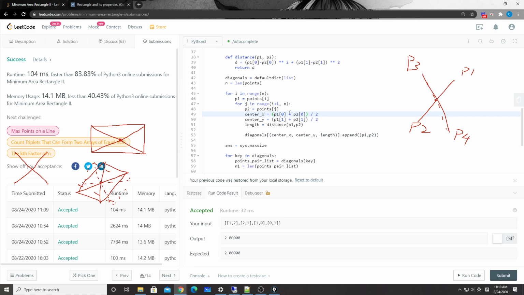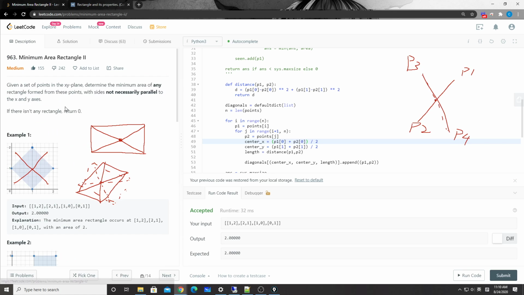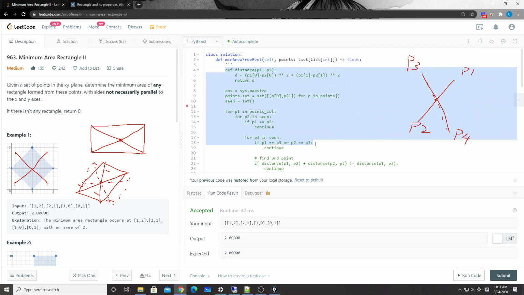Cool. So basically, that's the second solution here. I know this video is kind of long and probably not that clearly explained, but I just want to show you guys two different types of the rectangle problem. The first one is not the rotated version. The second one is the rotated version. For the rotated version, there are two ways you can find those 4 points.